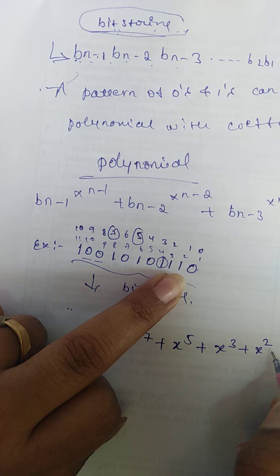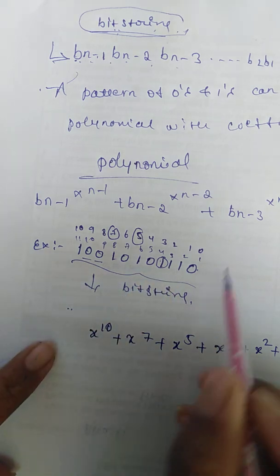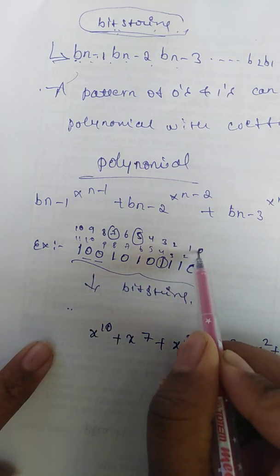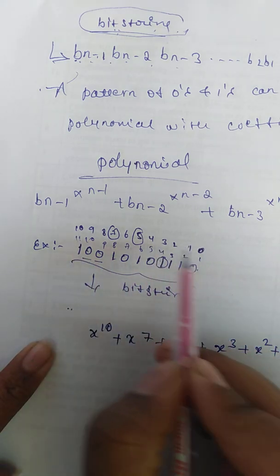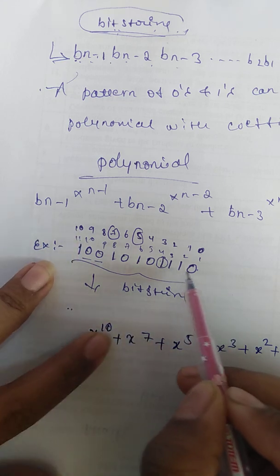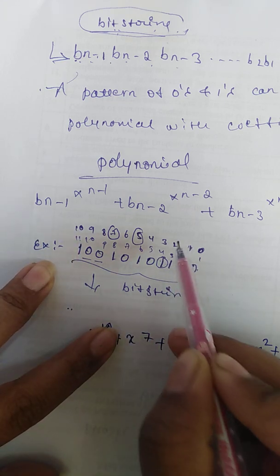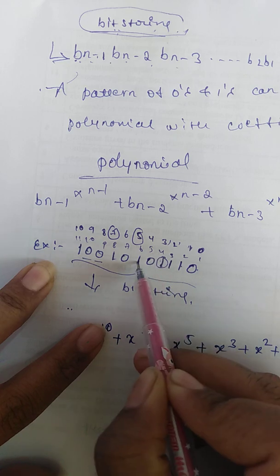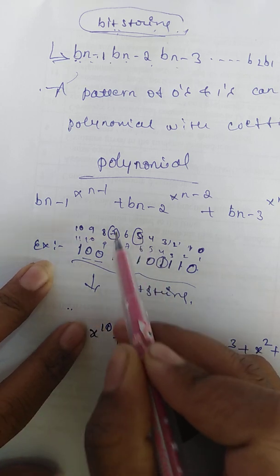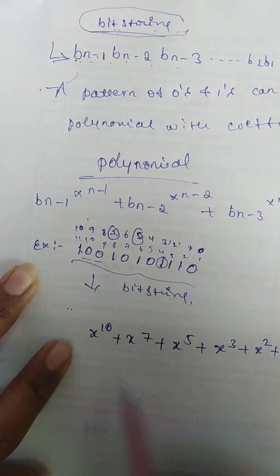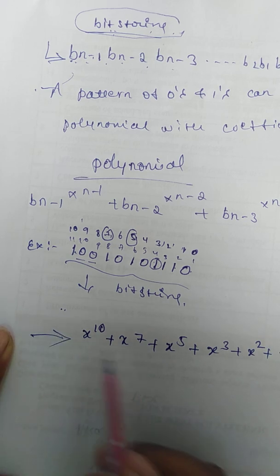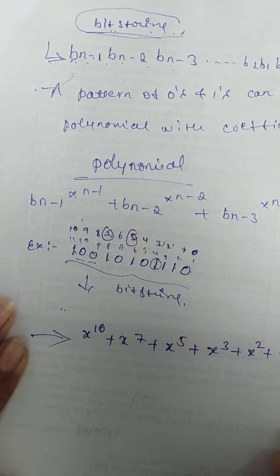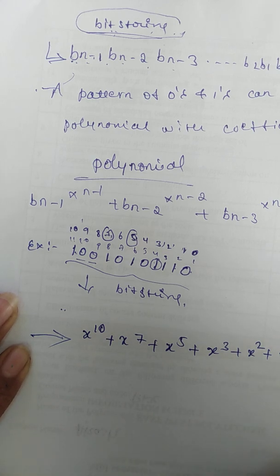Then here we have a 1, represented as x to the power of 1. We count positions in 0 1 2 format. So the polynomial is x to the power of 1, x squared, x cubed, x to the power of 5, x to the power of 7, x to the power of 10. This is the polynomial representation of the bit string.